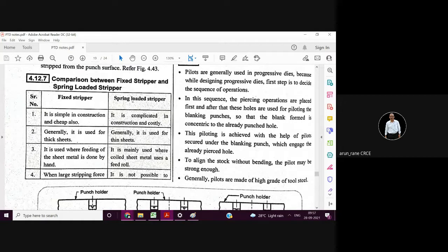This is simple. This is complicated. You have seen in the diagram. This is used for thick strips, not sheet. Sheet is not a correct word. And this is used for thin strip. Spring-loaded strippers are used where the feeding is automatic, whereas with the fixed stripper, feeding is done manually.